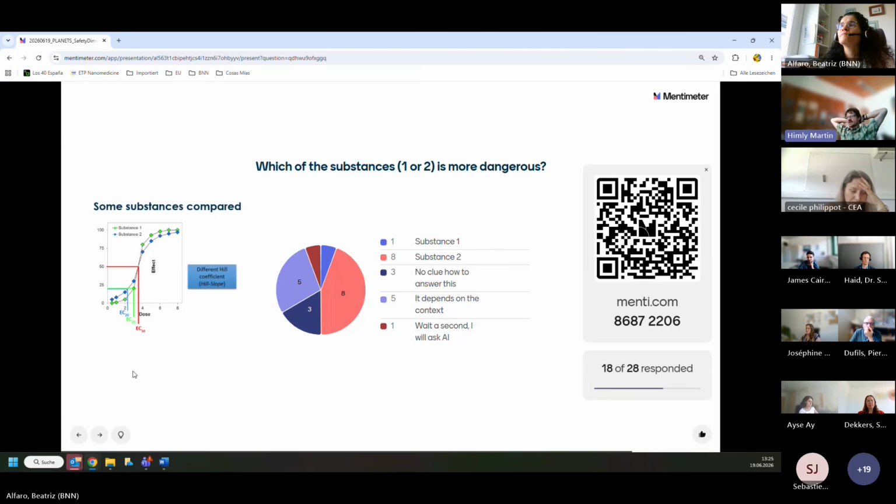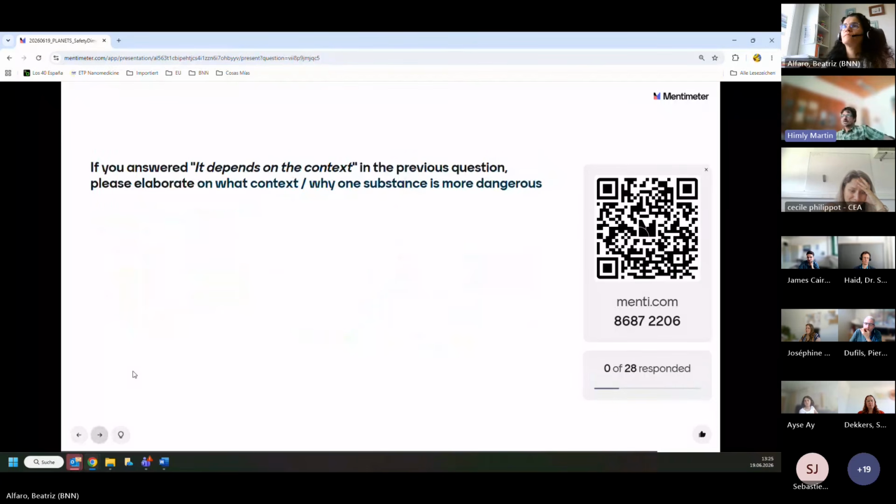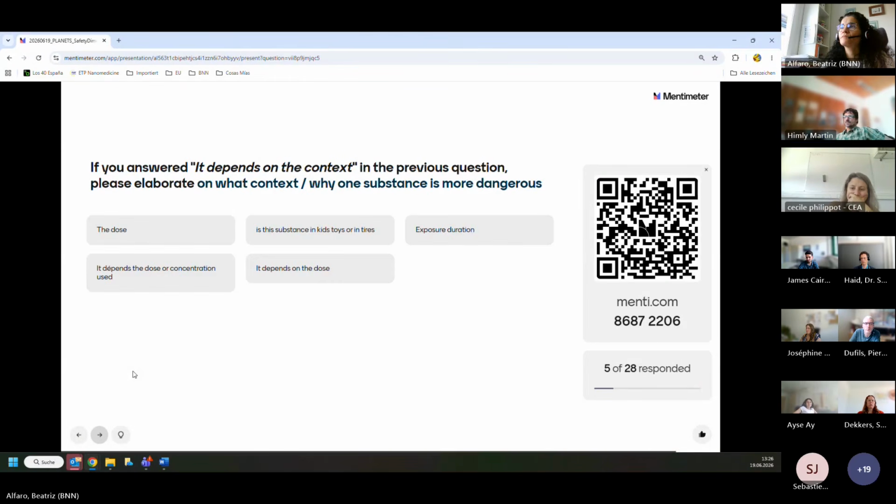and then there are a couple of people who say it depends on the context. And I would like to know, maybe somebody wants to give an example of what this context could be. So we have 3 times: it depends on the dose or concentration used, the exposure duration, so the time aspect.